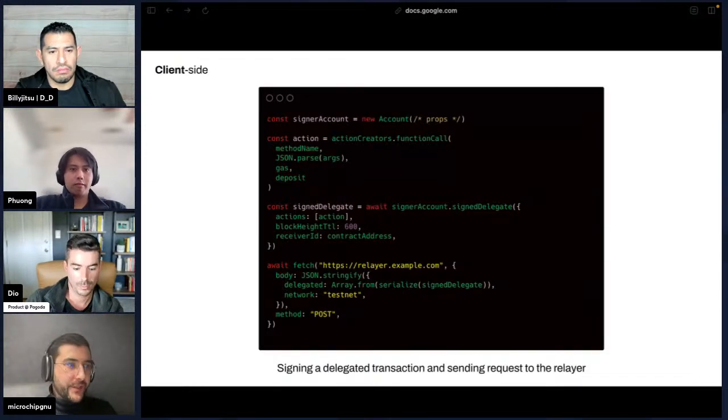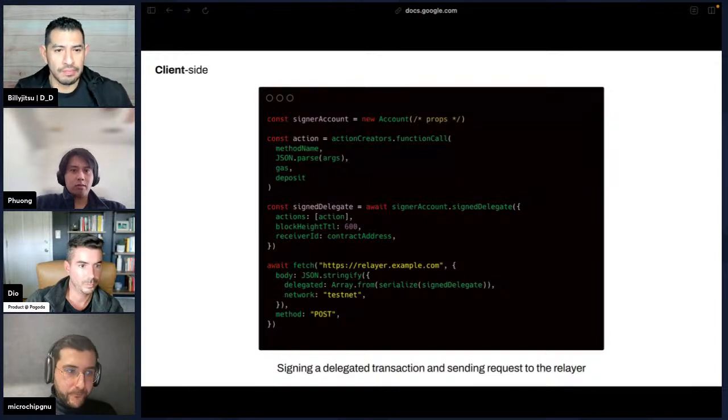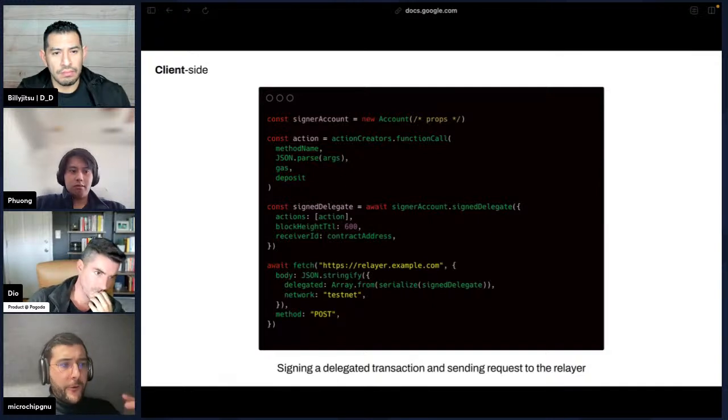So on the client side, this is the client side code that I built at first when I tried to play around with meta transactions. There are a few things here. You need to have the signer account.